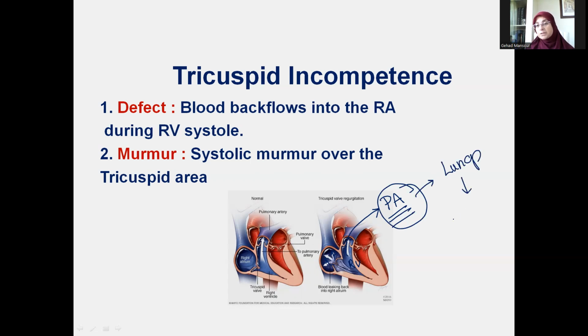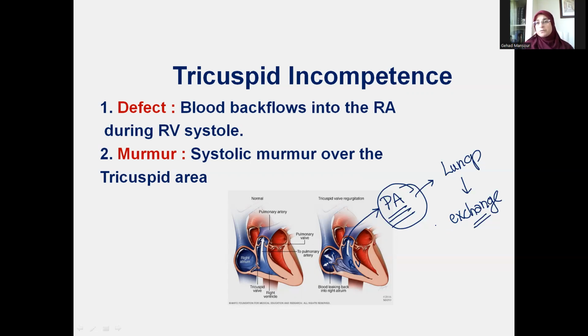Therefore this diminishes the efficiency of exchange of gases in the lungs, since you're sending less blood to the lungs. That's why the patient again will suffer from symptoms of hypoxia, because not enough blood reaches the lungs to be unloaded of carbon dioxide and reloaded with oxygen.